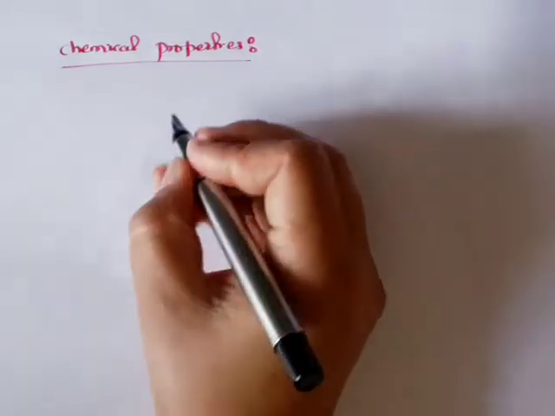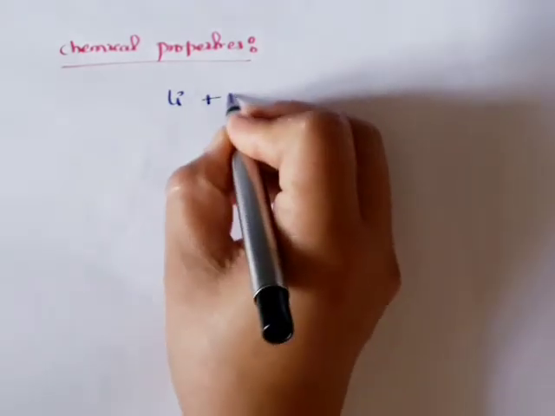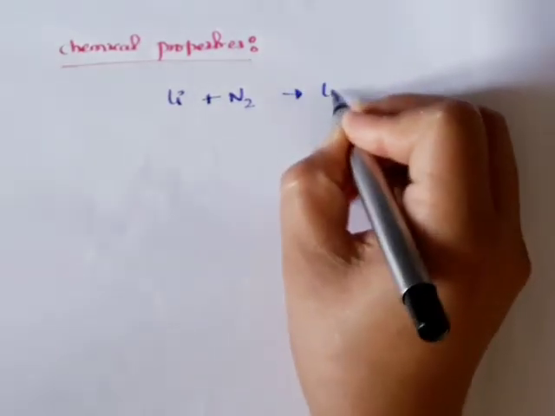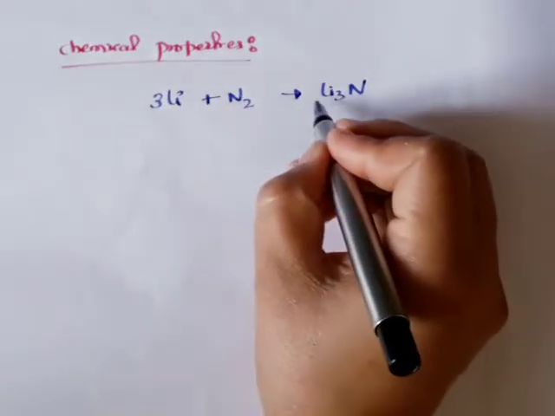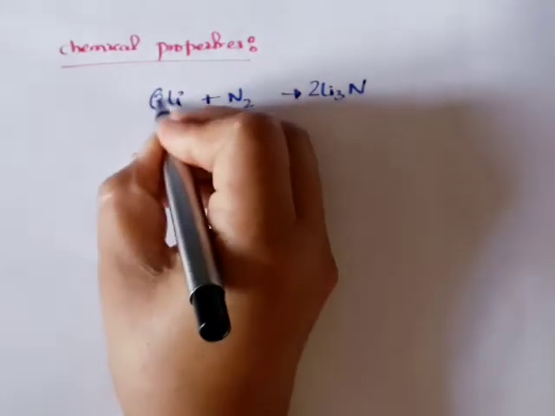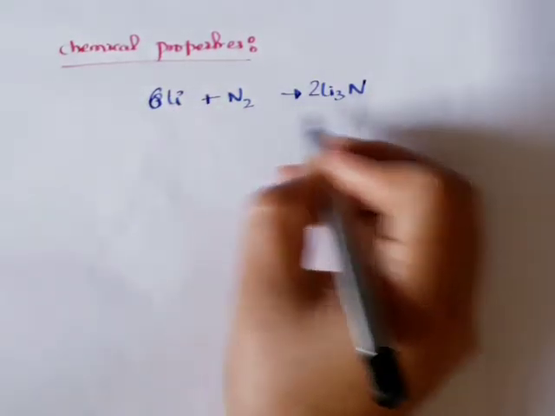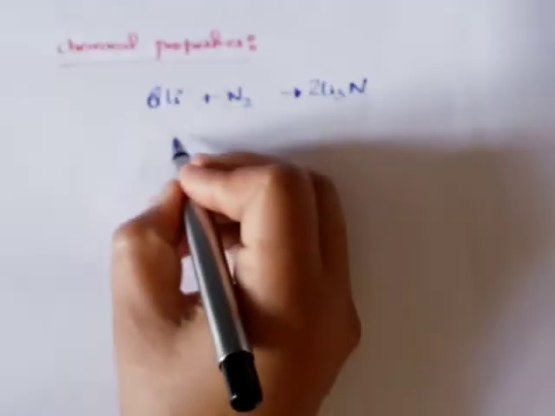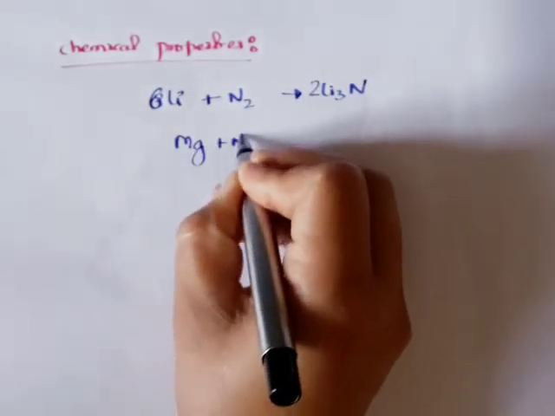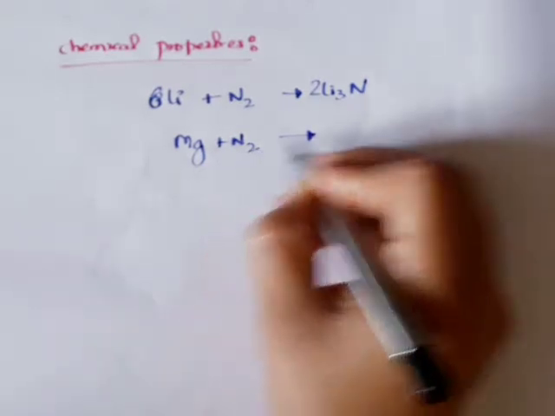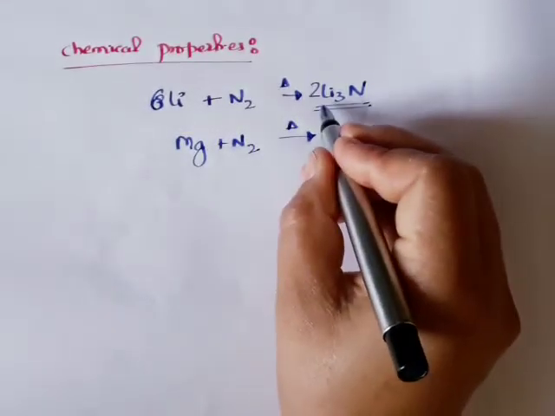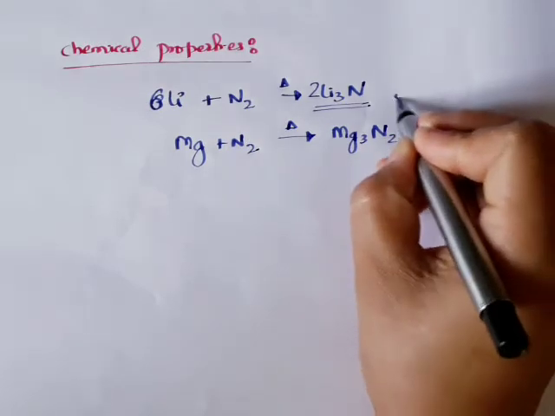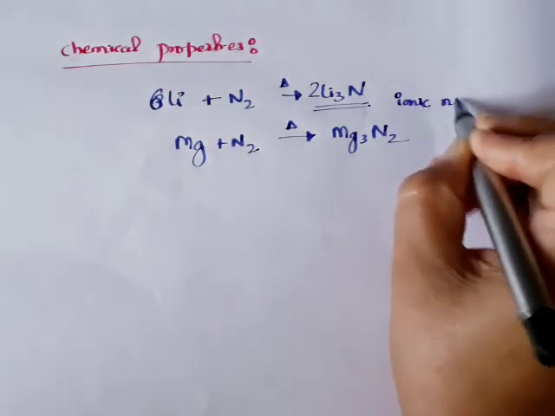For example, lithium, which is a metal, plus nitrogen gives lithium nitride. Then magnesium combines with nitrogen to give magnesium nitride. When nitrogen combines with a metal, it gives an ionic nitride.